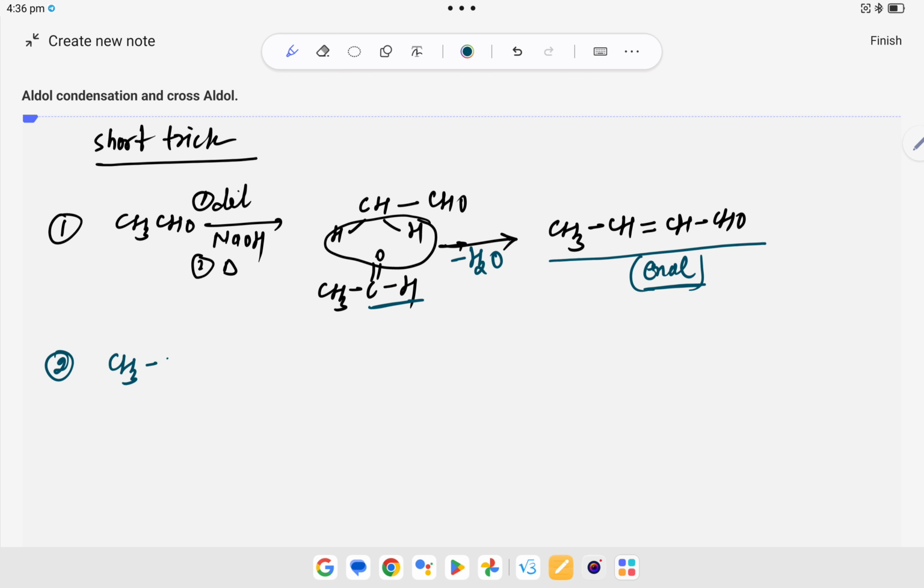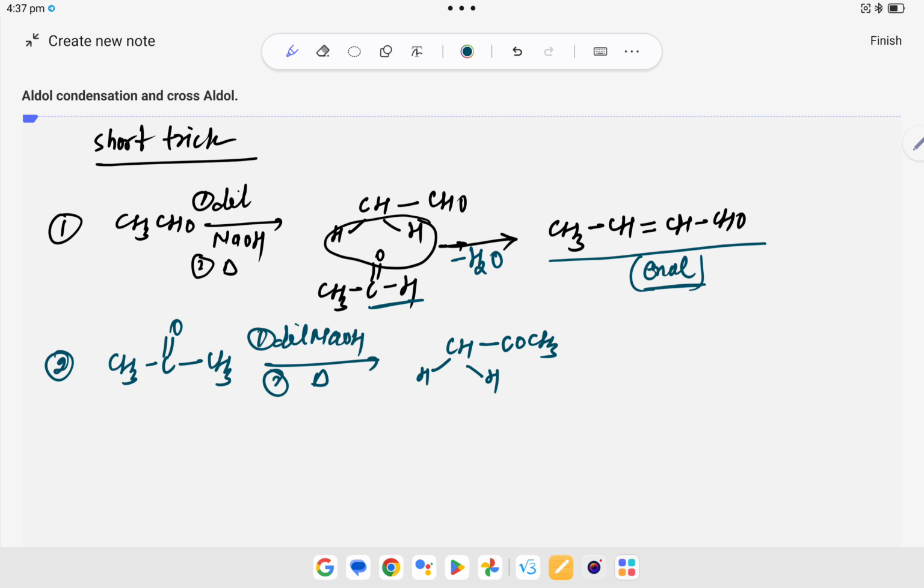One more question: CH3 CO CH3 is given, with dilute NaOH and heat. First condition, dilute NaOH, and then heat. Then again you have to do the same thing. Write the two units like this: CH3 CO CH3 and another unit, C double bond O and CH3.